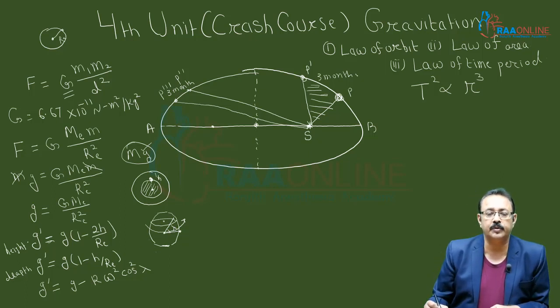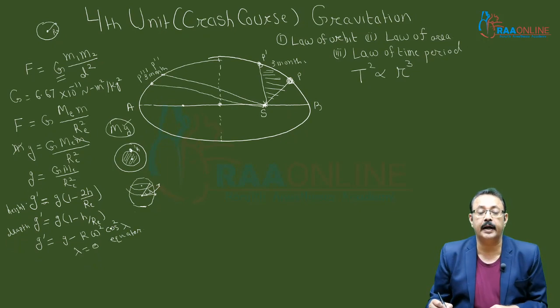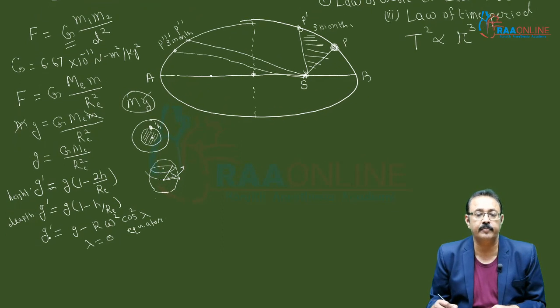If lambda is equal to 0, it means you are on the equator. And it is the maximum value of cos 0, which is 1. So this portion is maximum, means g dash will be minimum. So according to this formula, g dash should be minimum at the equator due to rotation of the earth.